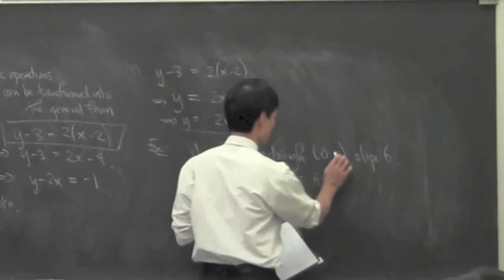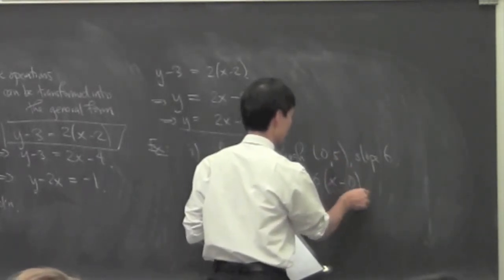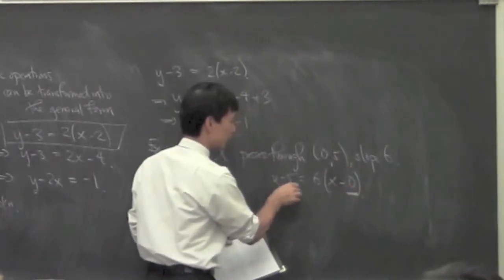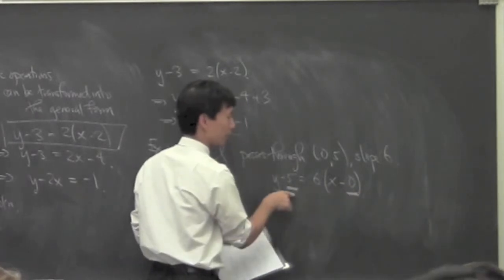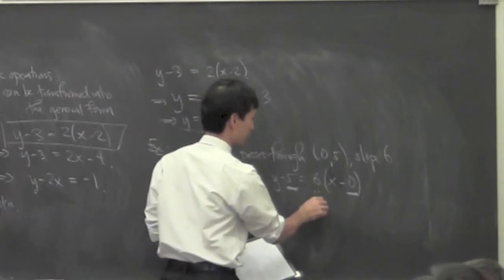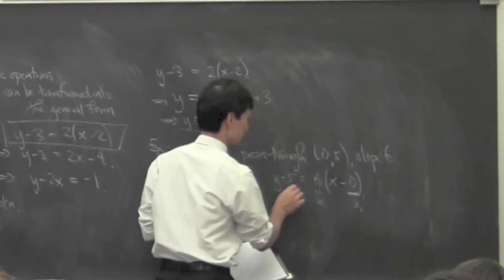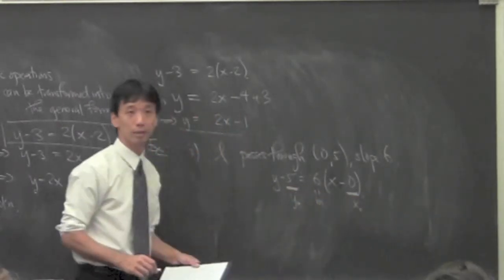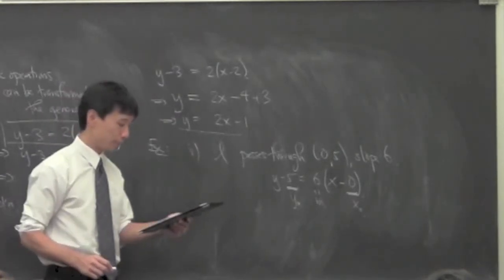Here is the point 0, 5, and here's the slope of 6. This is your m, this is your x naught, and this is your y naught.